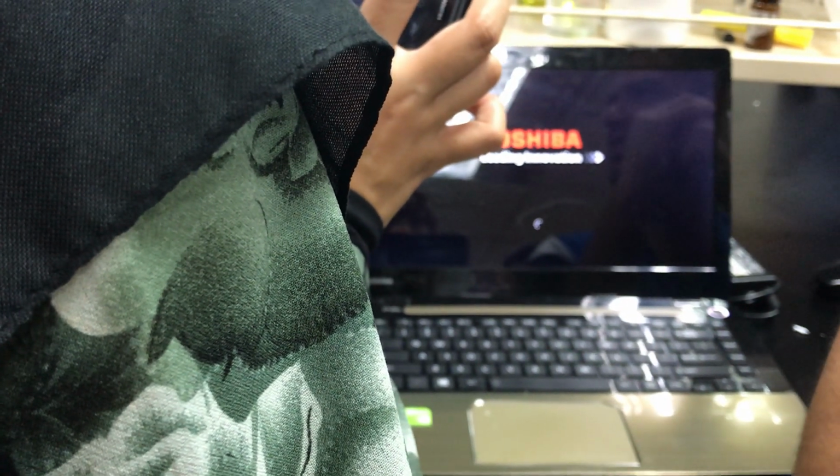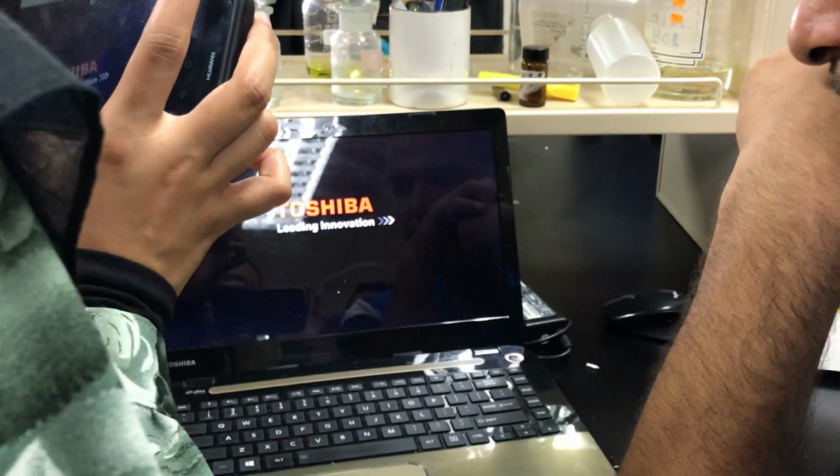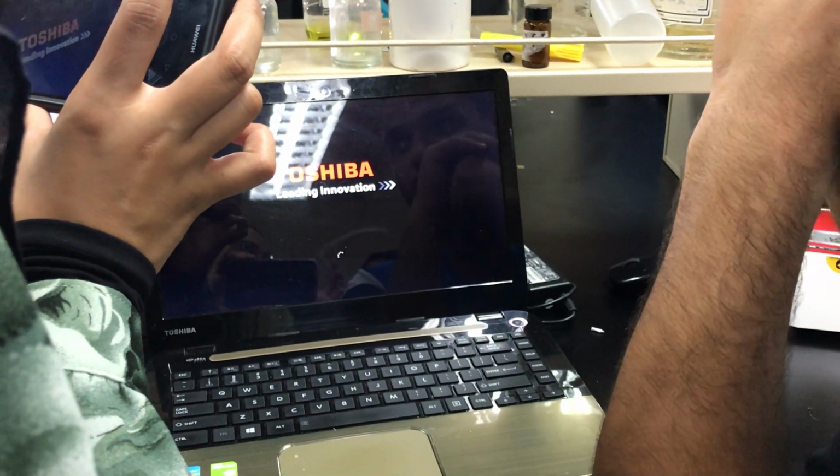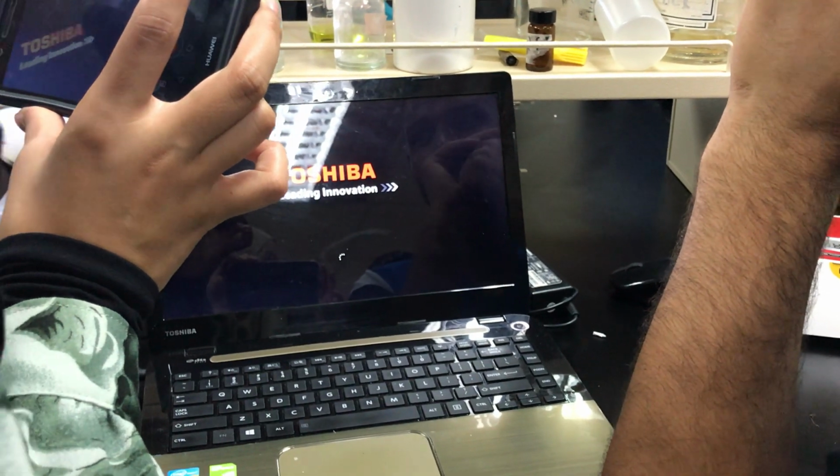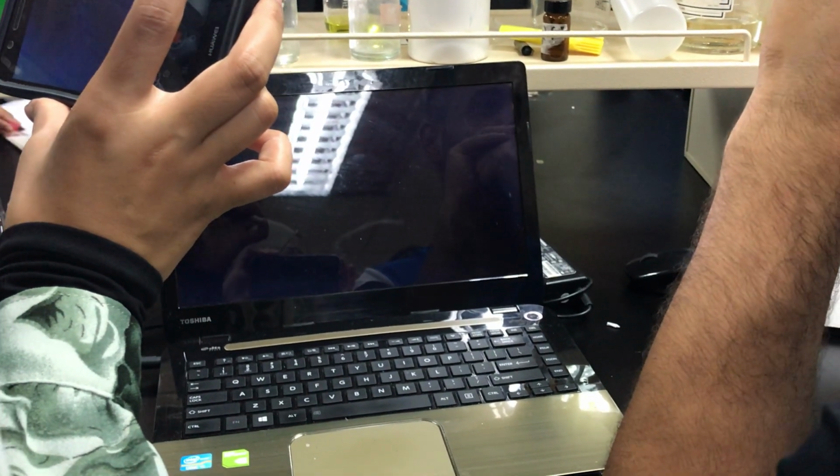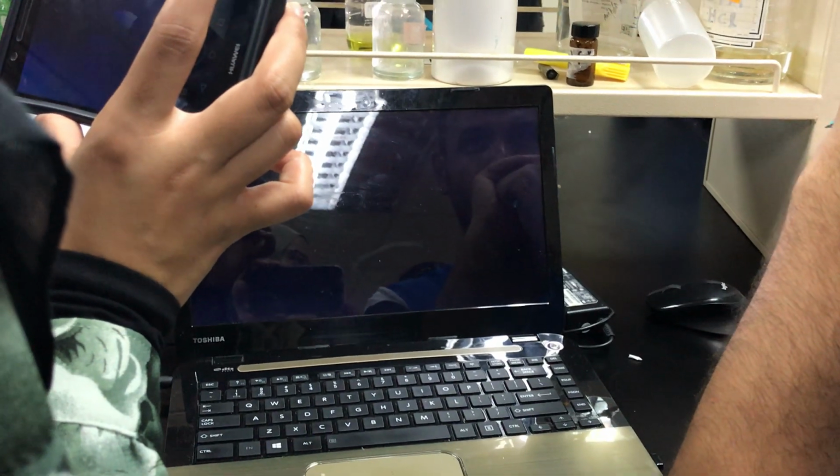Minus 0.5. Less than minus 0.5. Yeah, not valid. Yeah, already not valid. Yeah. The validity is assessed when the value is less than 0.3 and more than negative 0.5.